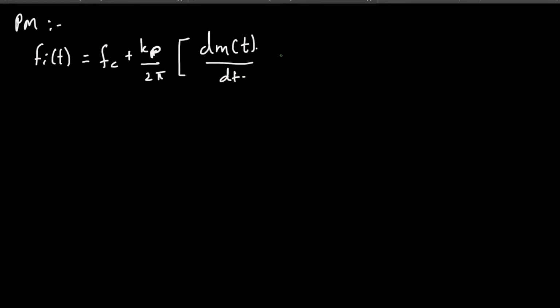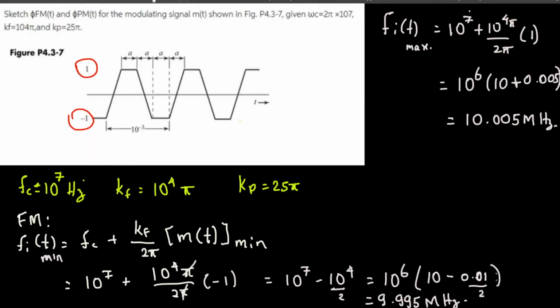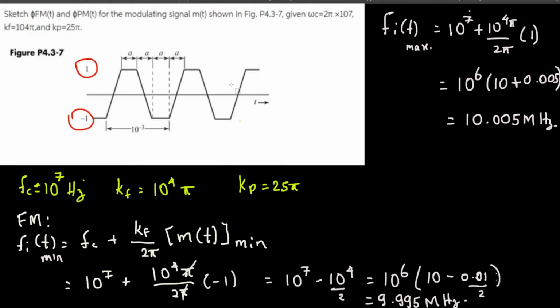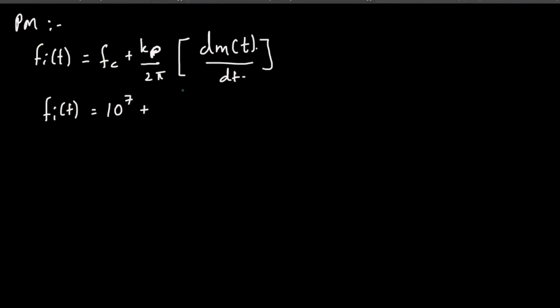Okay, and now let's apply the equation. So f of t, and then Fc, that is 10 to the power of 7 hertz, and then Kp, that is given 25 pi, that's 1 divided by 2 pi, and here for this part the max value of the derivative.